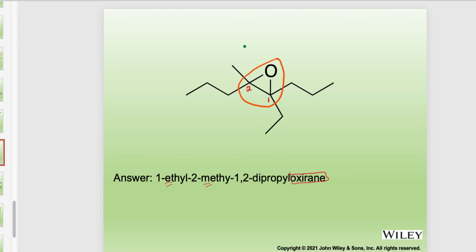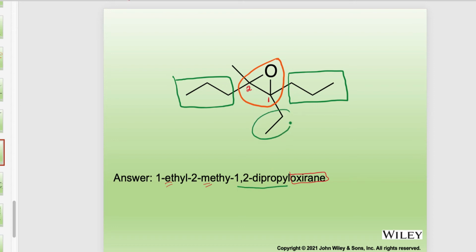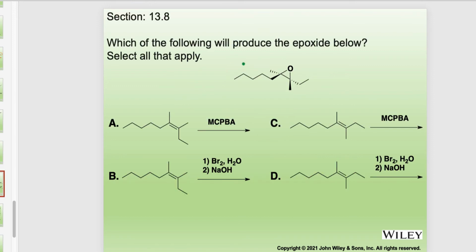Turns out that the longest chain is made up by having 2 propyl groups on each side. So those are the 1, 2 dipropyl groups. In the 1 position, we have an ethyl group, so 2 carbons, and the 2 position, we have the methyl group.